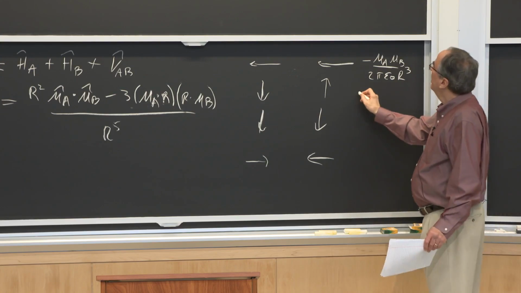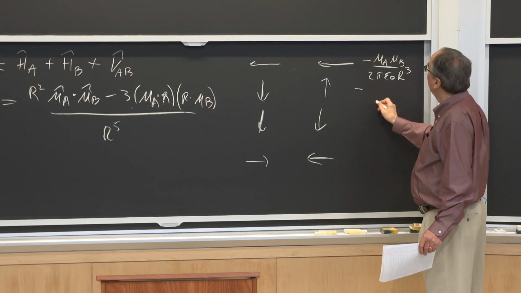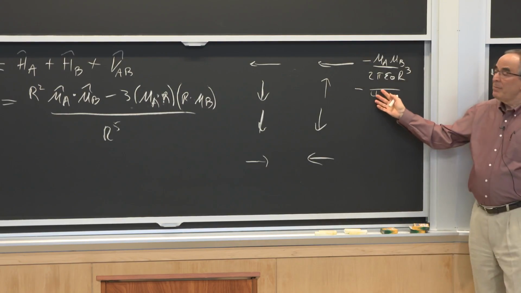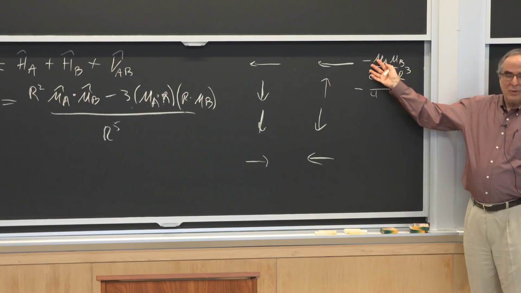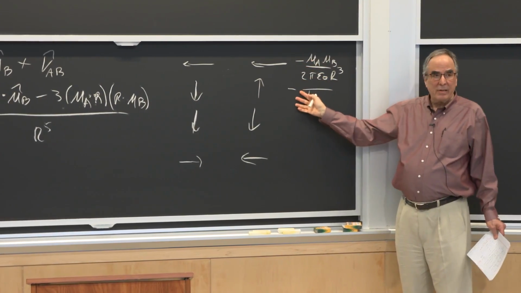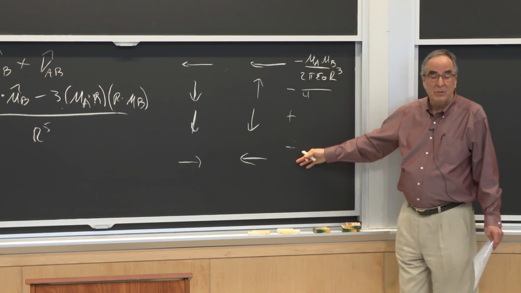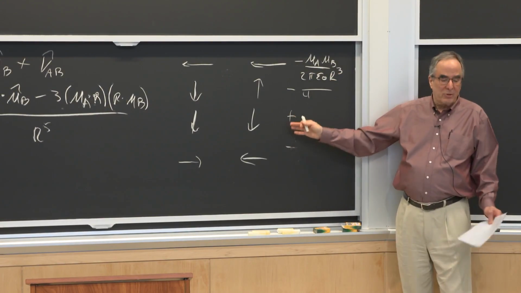And this is minus the same stuff except a 4 in the denominator. So that means it's less attractive than this one. Minus means attractive. And then we have two terms that resemble these except they're repulsive. So there's 4 terms.